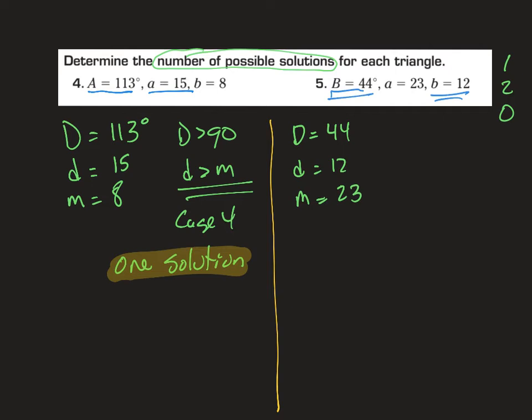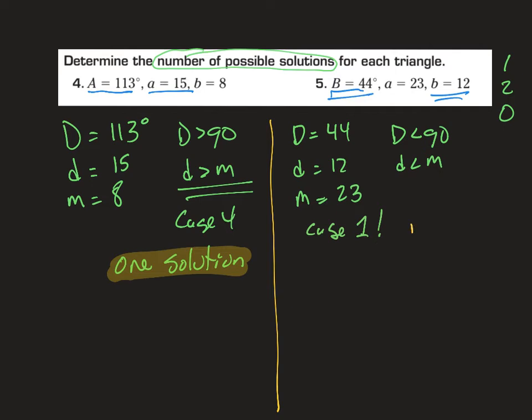Okay, so let's start writing down what we have. We have an acute angle. D is less than or equal to 90. So that's definitely acute. And 12 is less than 23, so lowercase d is less than m. That happens to be case 1. All right? So this is case 1, and now we have to figure out which subcase it is. And for that, I need to compute that height.